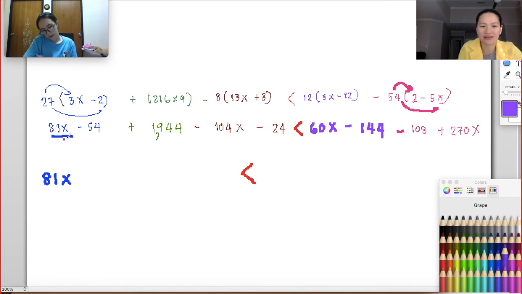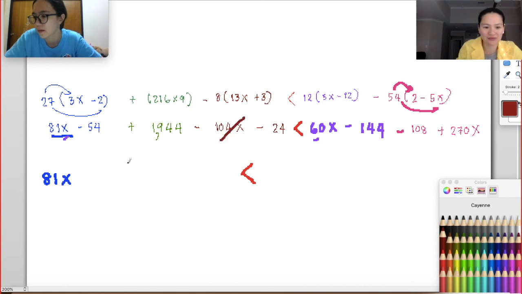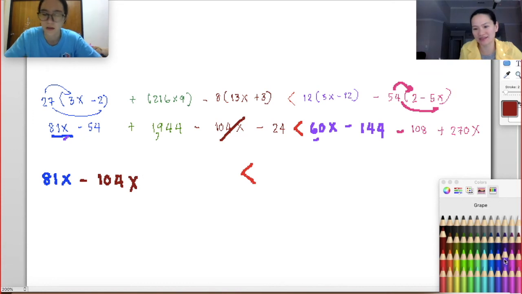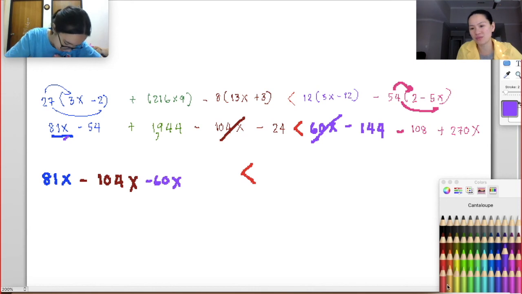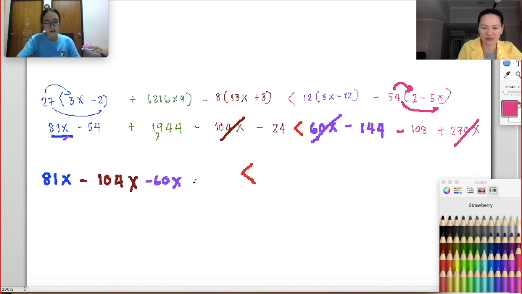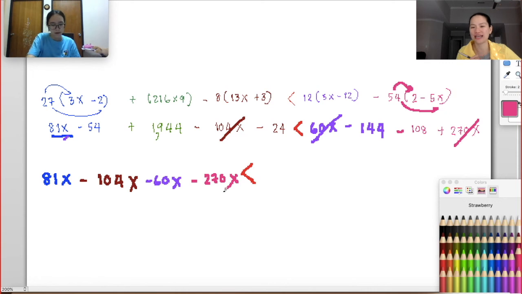Oops, sorry, before 60x, we still have negative 104x, and then 60x here, we move to the other side, negative 60x, and we move 270x to the other side, going to be negative 270x, okay?